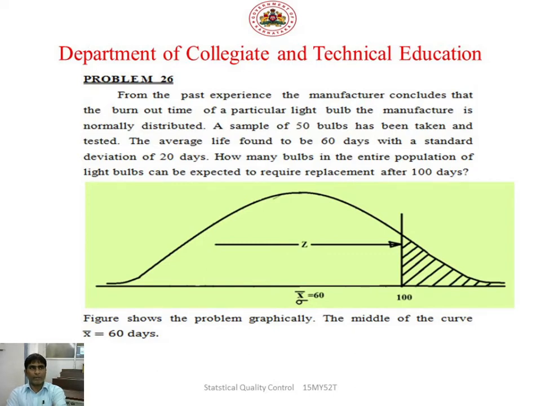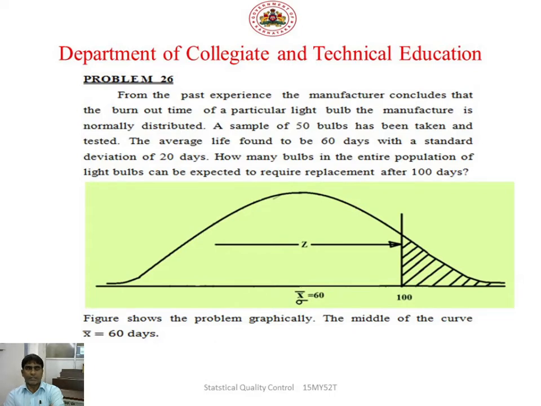A sample of 50 bulbs has been taken and tested. The average life is found to be 60 days with a standard deviation of 20 days. How many bulbs in the entire population of the light bulbs can be expected to require replacement after 100 days?